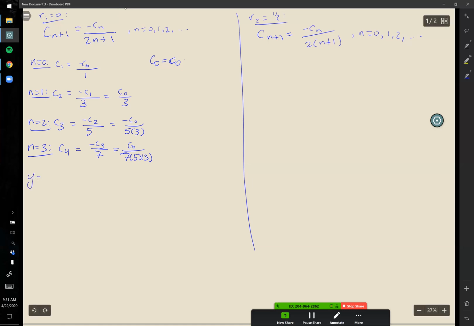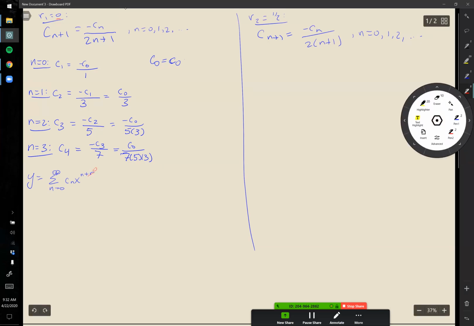My guess for what y was, was that y was going to equal the sum from n equals 0 of C_n x to the n plus r. But guess what? We know that for this one, r is 0.